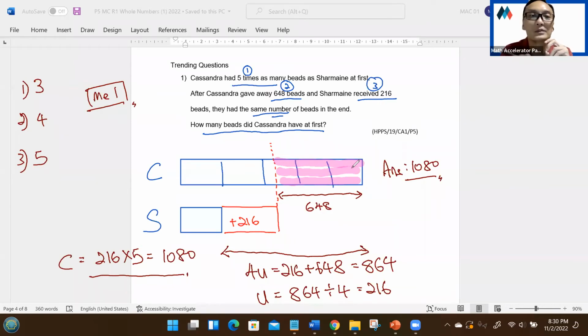This question comes out in the school CA1 paper for P5, right? Similar questions will be tested in PSLE. This is under the whole numbers topic. Okay, so next, let's move on. If you're ready to move on to the second question, please type Q2.